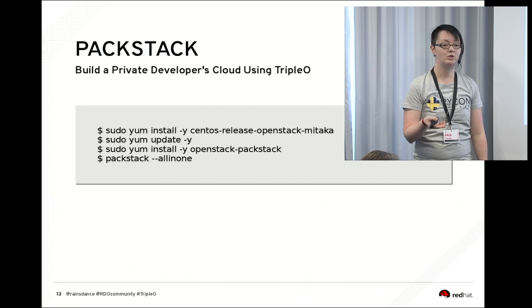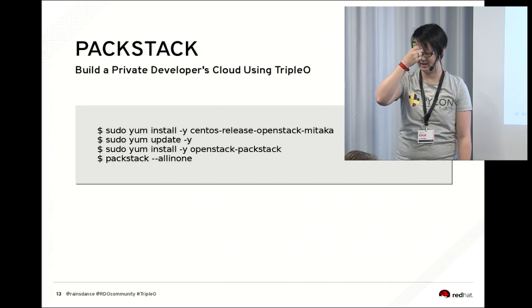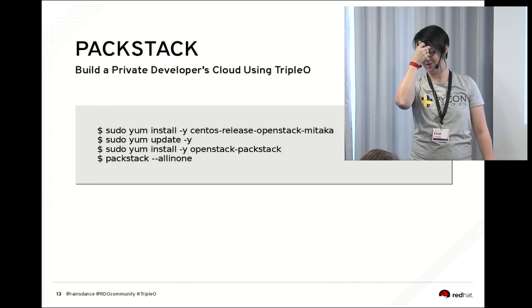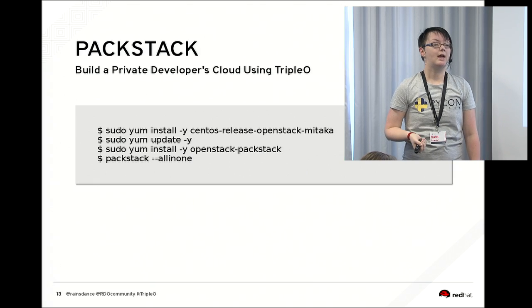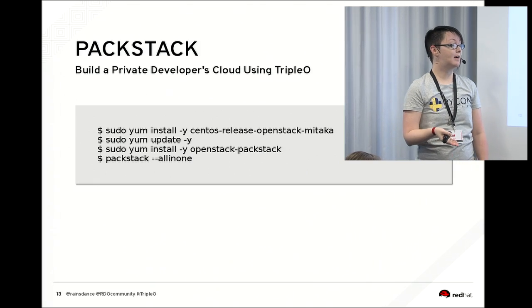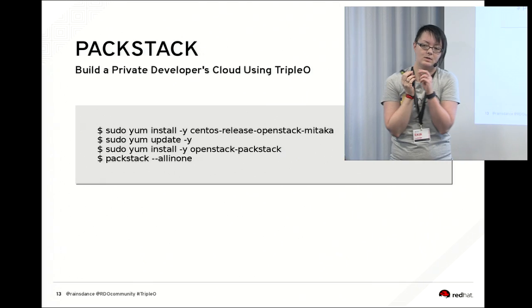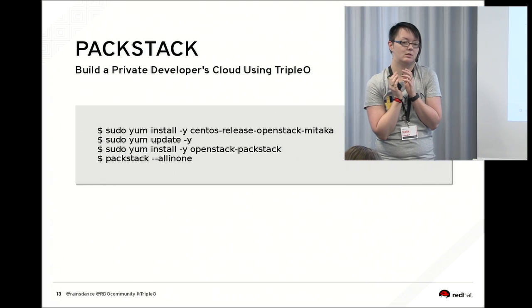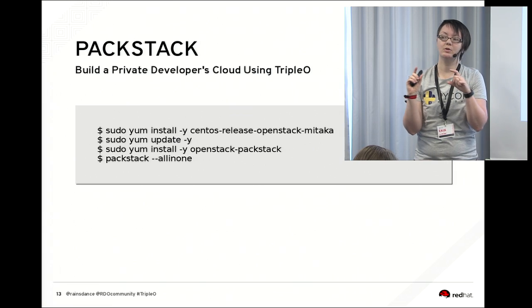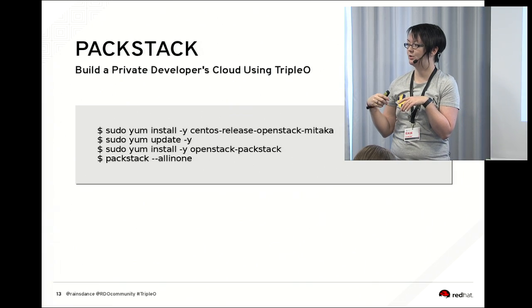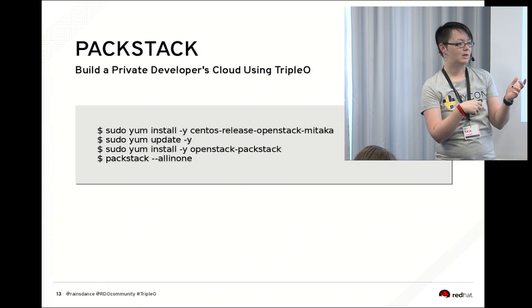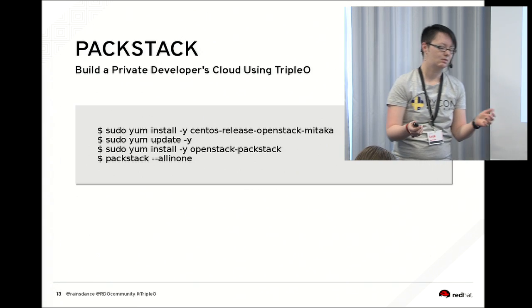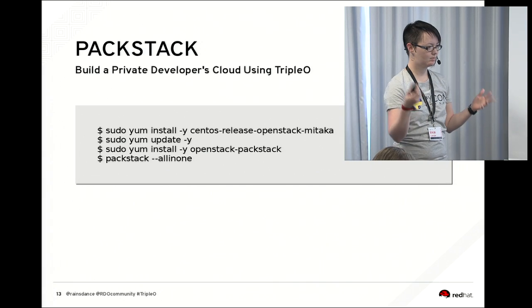If you want, you can do packstack --gen-answers-file=answers.txt, and it will create that file for you, and you can go in and edit it and make it the smallest possible footprint that you want. It also has a lot of comments in there, so you can see exactly, okay, what is Cinder, and why would I want Cinder, and by the way, that's a type of storage.